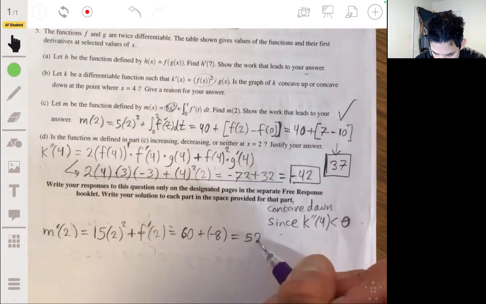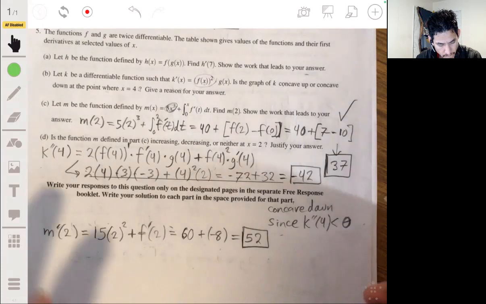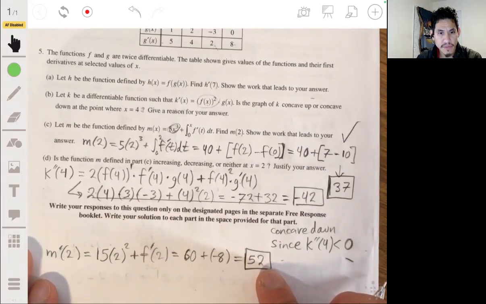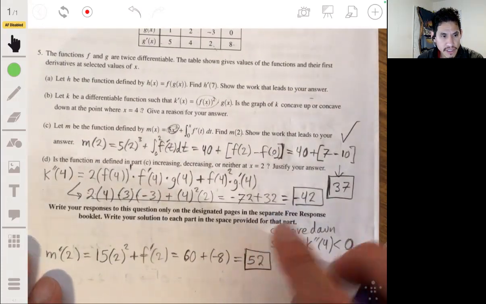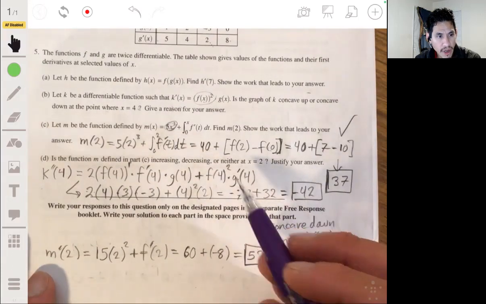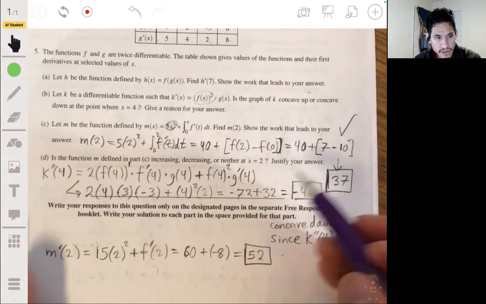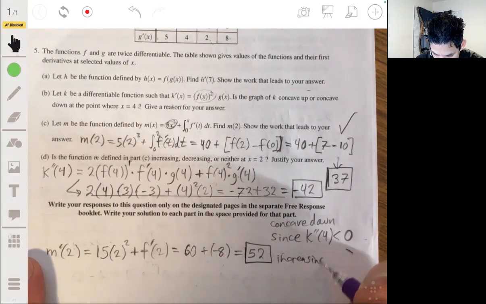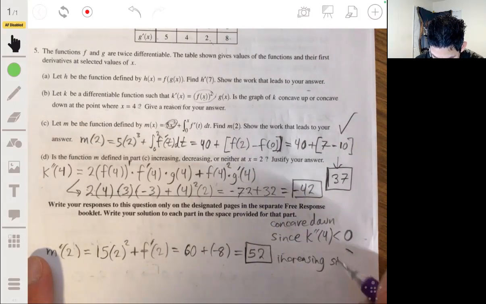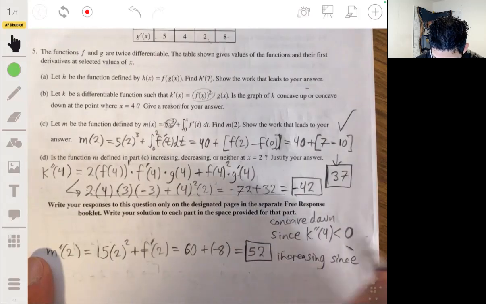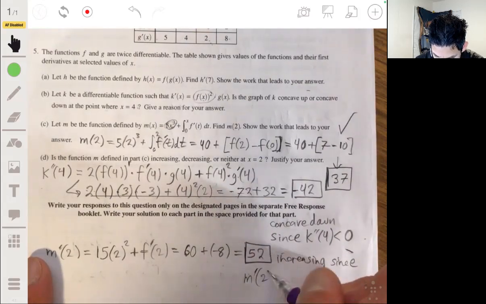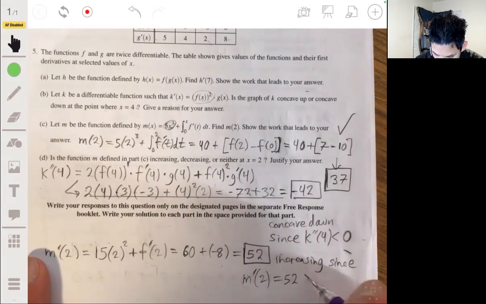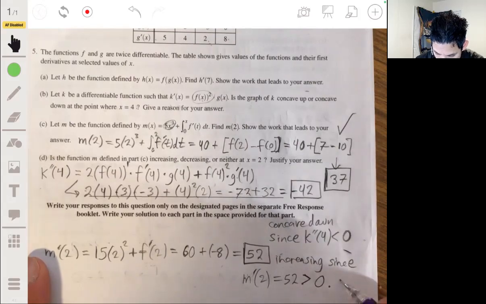And then we get 52. And since 52 is positive, it'll be increasing because m prime of 2 is positive. So increasing since m prime of 2 is equal to 52, which is greater than 0.